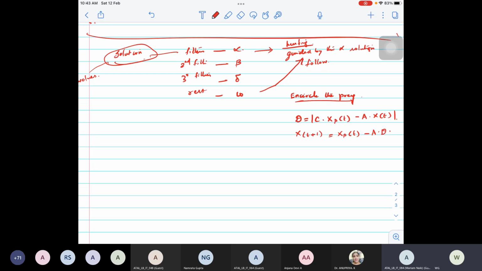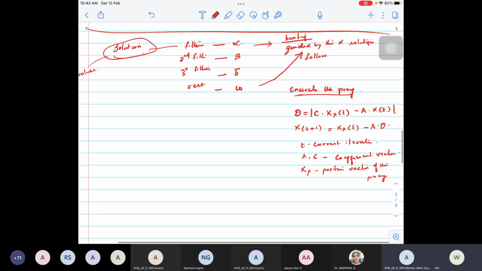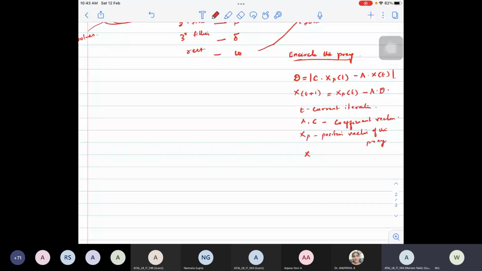So these two equations give the encircling of the prey, and here t is the current iteration, A and C are the coefficient vectors, Xp is the position vector of the prey, and X is the position vector of the gray wolf.